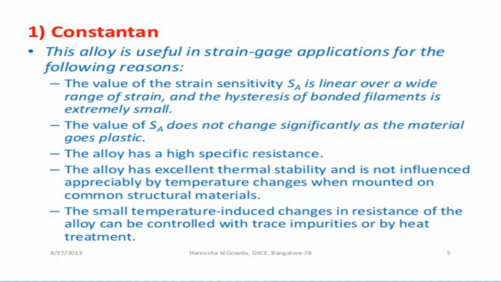The thermal stability of these alloys is very high. That's why the thermal stability is very high in nickel and copper, and that's why we are using copper material. It is used to produce a high amount of resistance in that strain gauge.